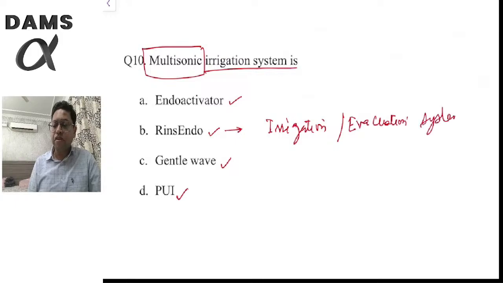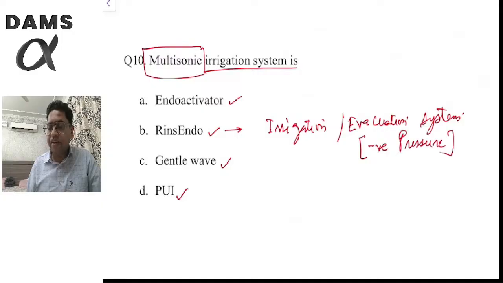Means there is a constant flushing of the root canal by way of delivery of irrigant inside the root canal and removal from the root canal. Irrigation evacuation system. Rinse endo works under negative pressure. Negative pressure irrigation of the root canals.